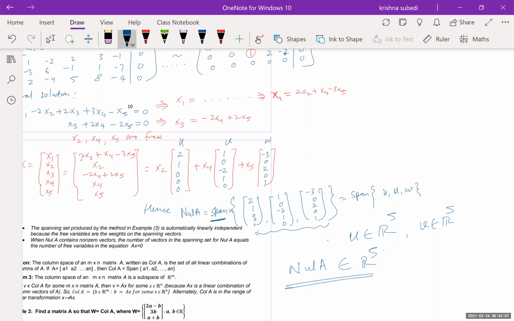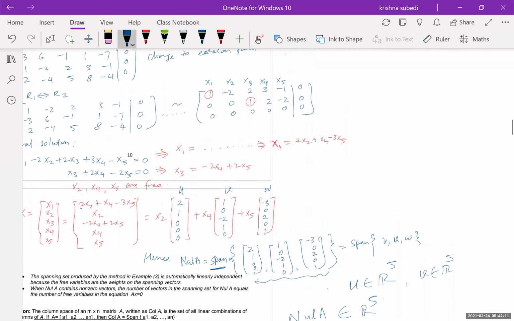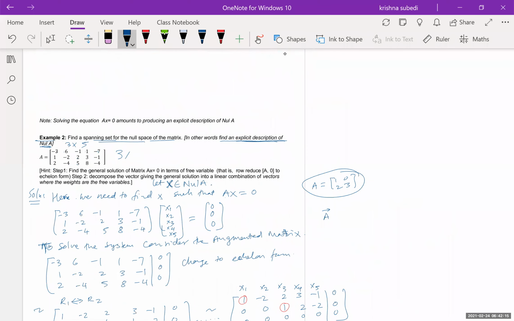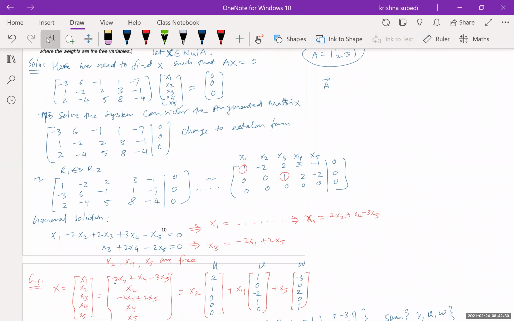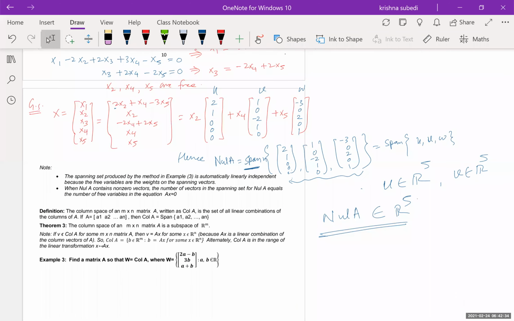That's what we can write. Now let's go back to the matrix. The matrix is 3 by 5, and so the null space of A is actually a subspace of R5, not R3. Just keep that in mind. We're going to use that concept later. Okay, that's all about null space.